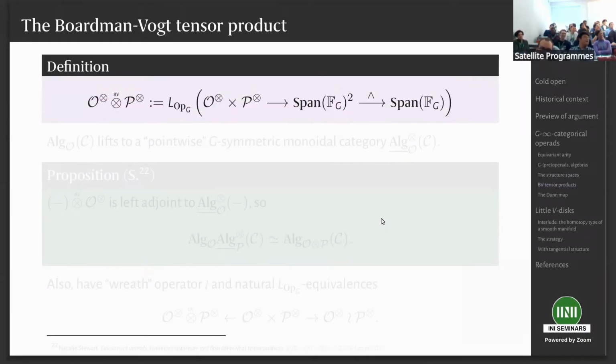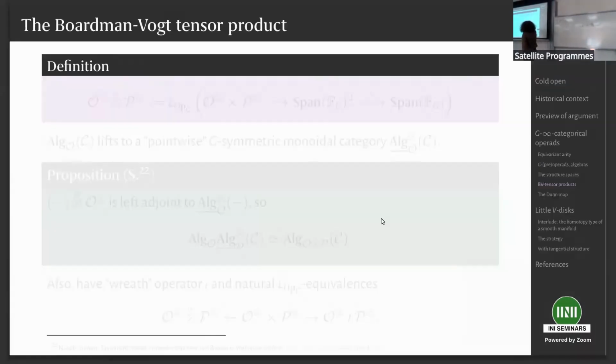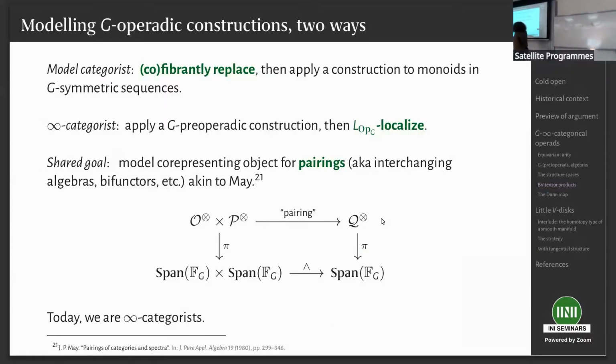The point I'm trying to get at essentially is that after saying everything, you do a lot of topology that really looks like a non-equivariant setting, and you really have to bite down on the idea that we have a pre-operadic model for the Boardman-Vogt tensor product. We have something that co-represents interchanging algebras, which are these kinds of pairings in the sense of May.